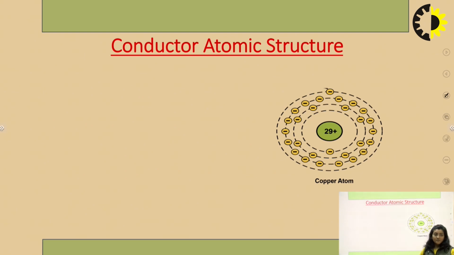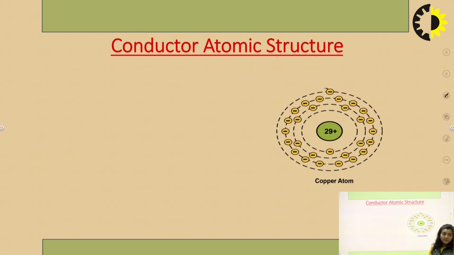Now this is the atomic diagram of the atomic structure of the copper element. Copper has a nucleus, and as the atomic number is 29, the number of protons and electrons in the copper atom is 29. This is the innermost orbit of the copper atom.